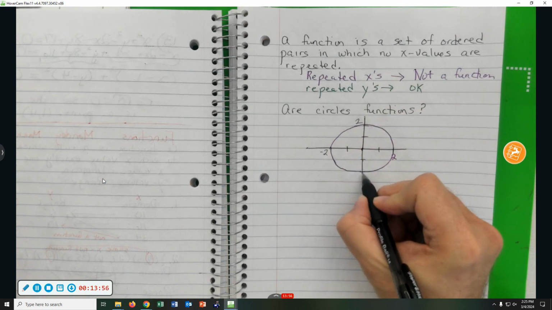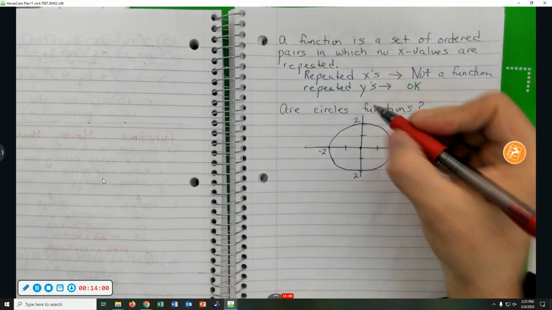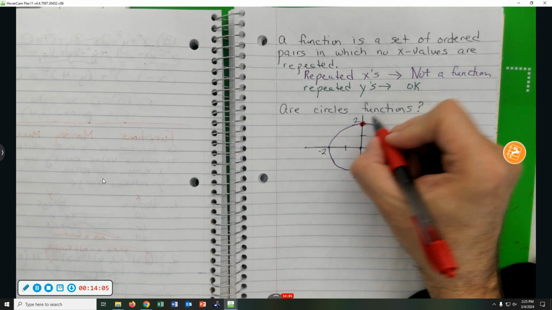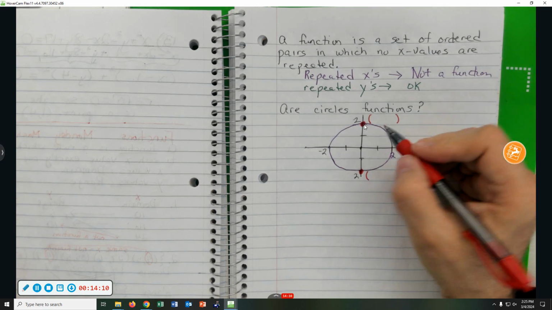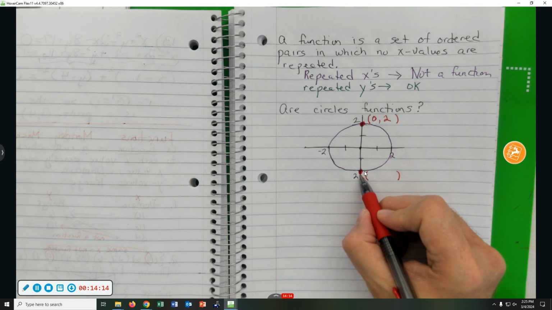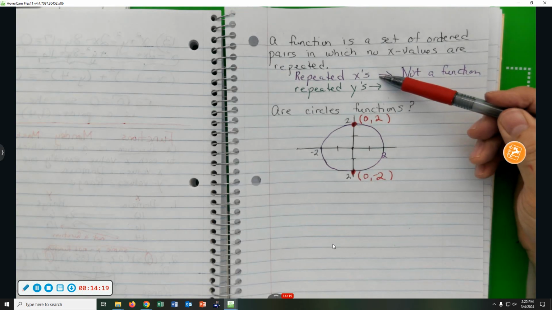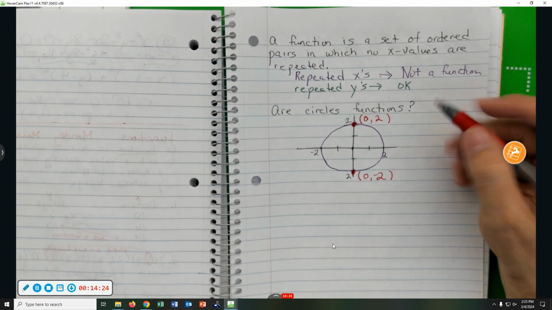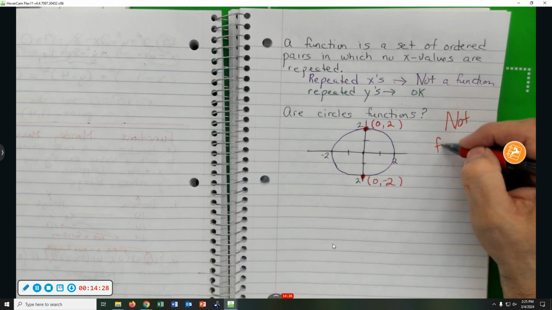Does that circle have repeated x values? What do you think? Yes? Look at the 2 where it intersects the y-axis. Give me the ordered pair representation for this point here, the point that I'm pointing at. 0, 2, okay. What about down here? Okay. So repeated x's. So how would you answer this question? Are circles functions? No. Not functions.